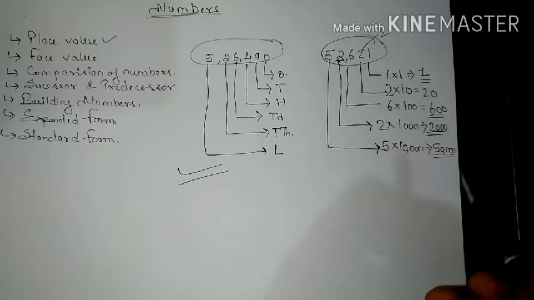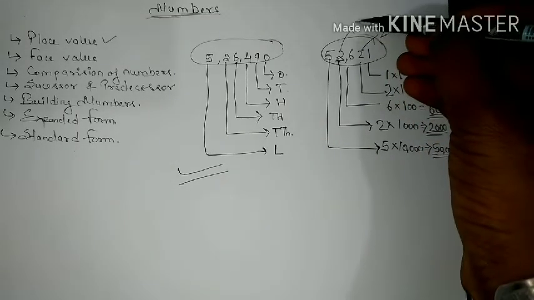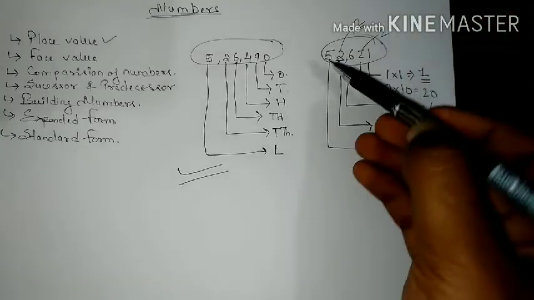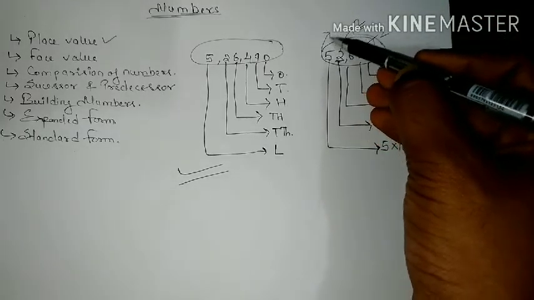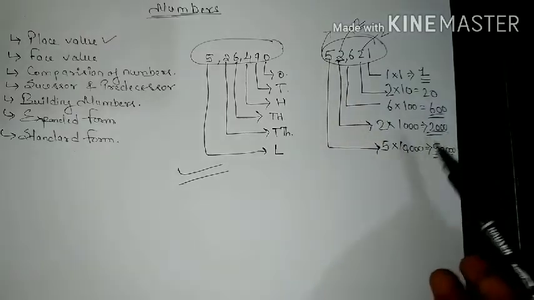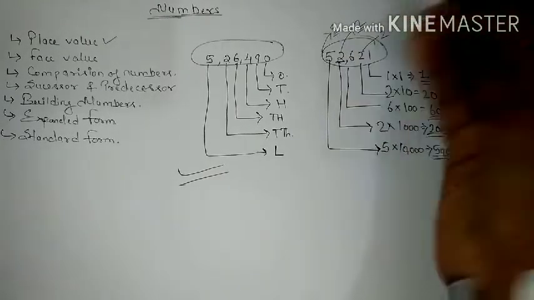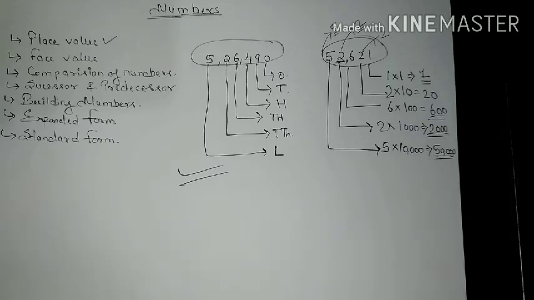Although it is at the thousand place, its face value will be 2 only. For the 5, although its place value is 50,000, its face value will be 5. Got it? Good.